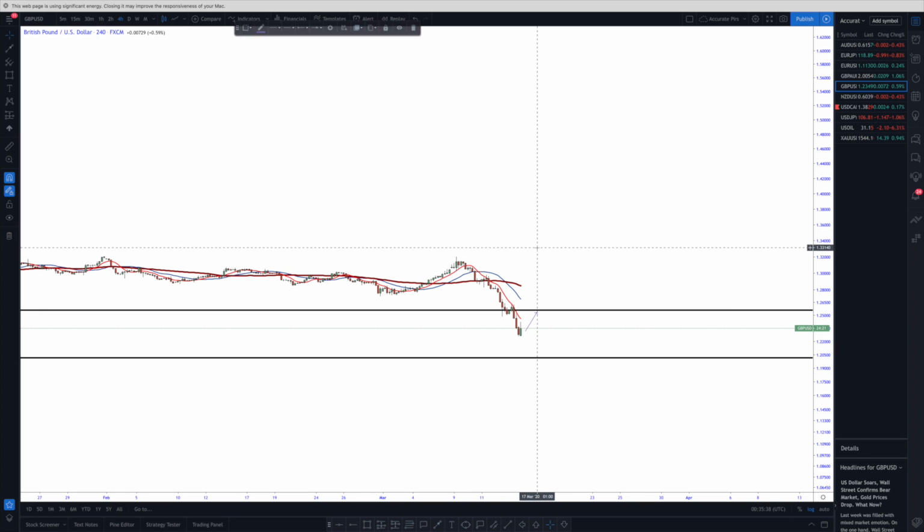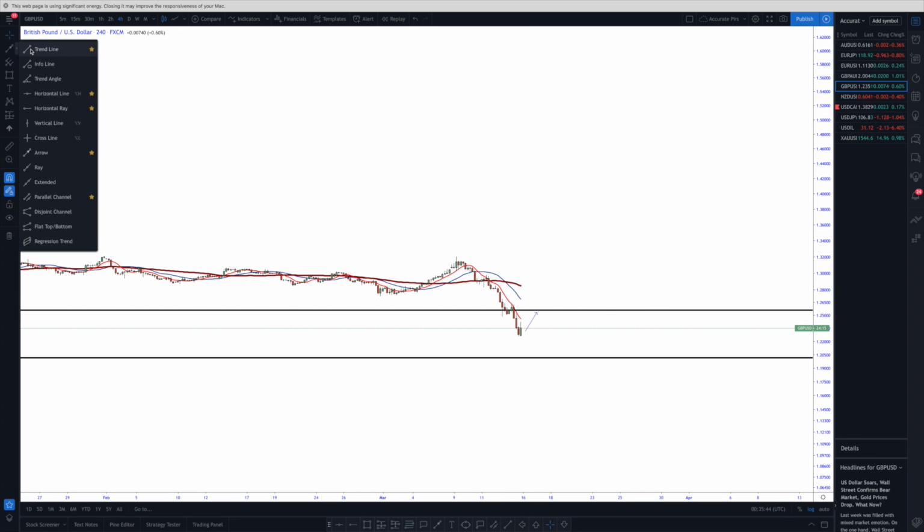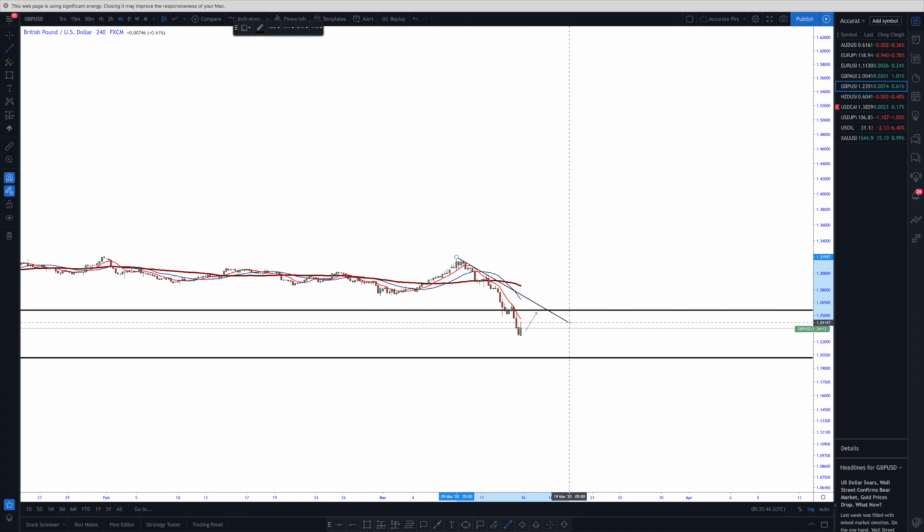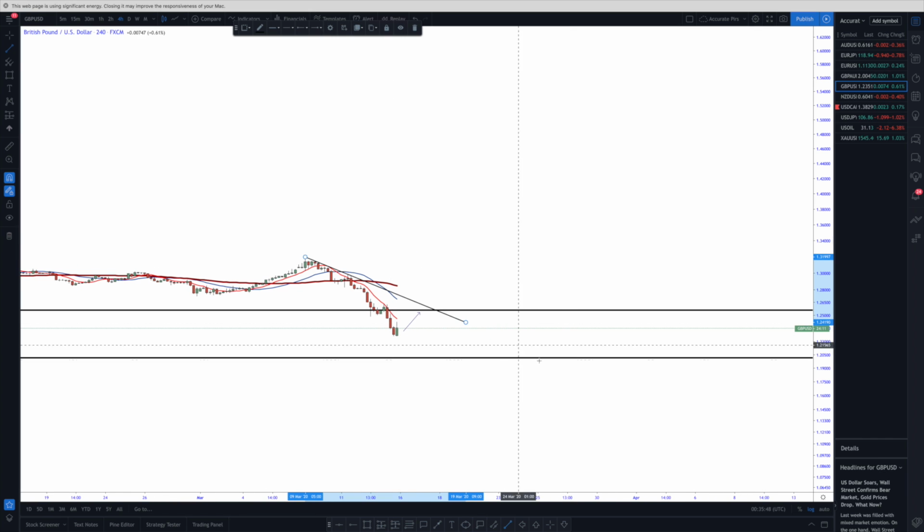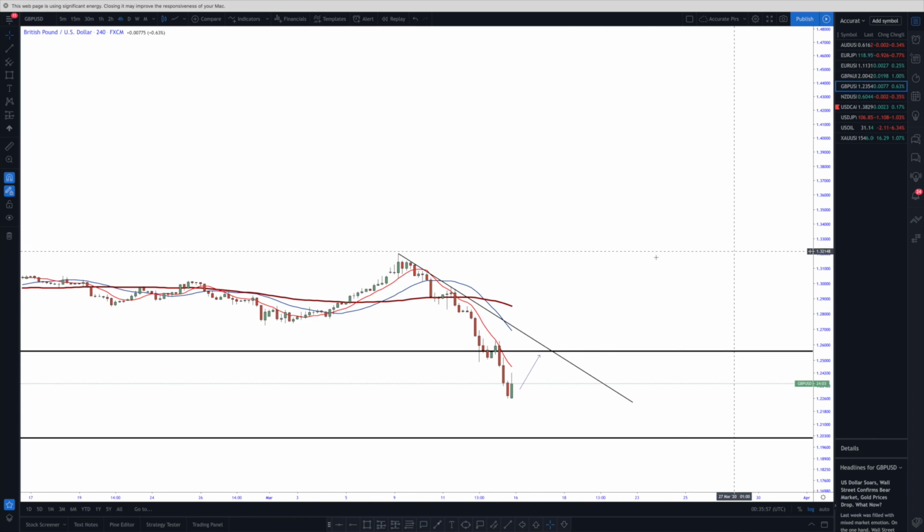I definitely would be looking out for that level to see how the market reacts around this level here. Also, I'm going to put a temporary trend line on this as well. See how our 4-hour trend line goes. So that's it for GBP USD.